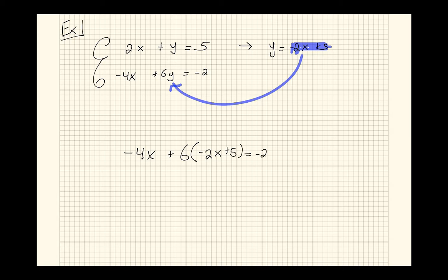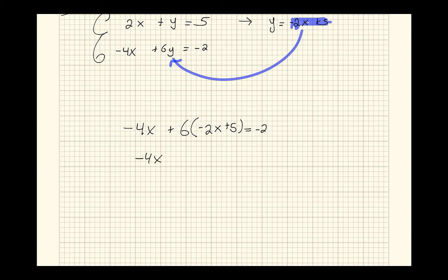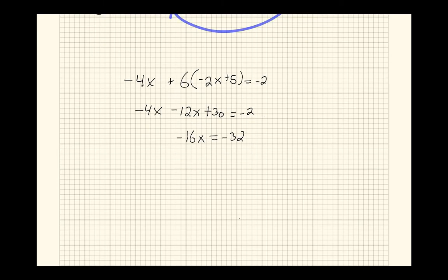Negative 4x minus 12x, make sure to distribute the 6. 6 times 5 is 30, equals negative 2. This makes a negative 16x. On the right side, if I subtract 30, that's negative 32. Divide by negative 16.